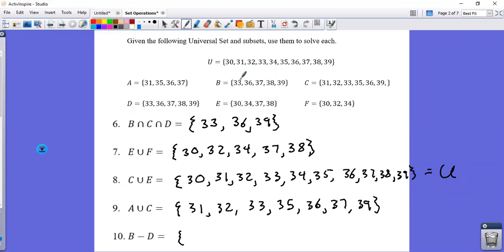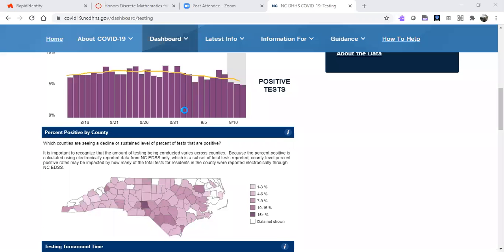Actually, B minus D is all of them, right? Because they were equal sets, so that's the empty set. There's nothing left. Or the null set. Not a good example for the first subtraction, but we're going to have another subtraction.